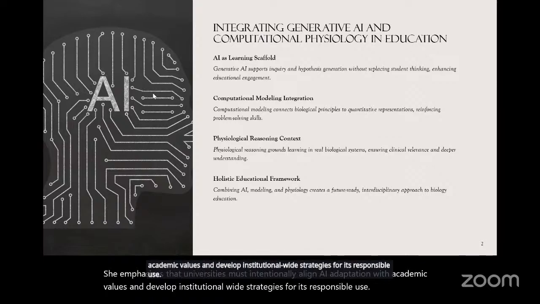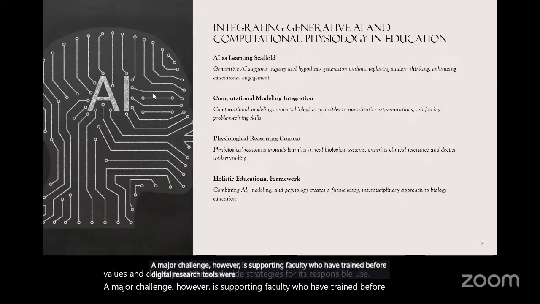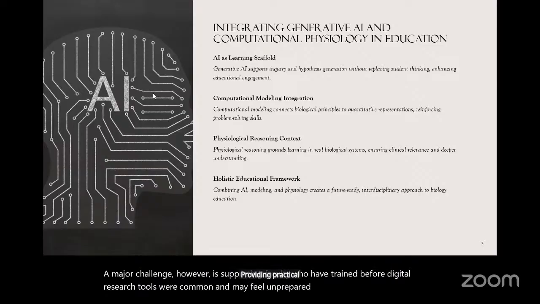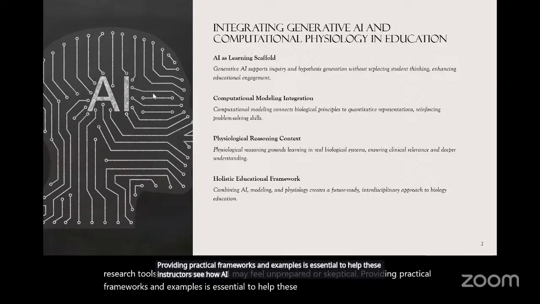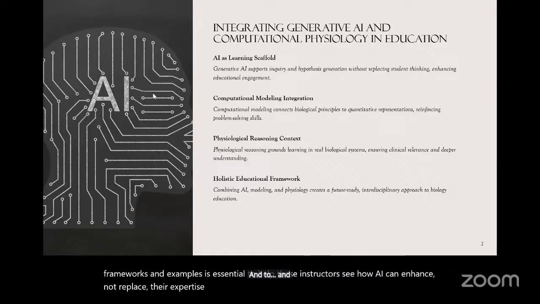A major challenge, however, is supporting faculty who have trained before digital research tools were common and may feel unprepared or skeptical. Providing practical frameworks and examples is essential to help these instructors see how AI can enhance, not replace, their expertise, and to ensure equitable access to AI-enabled learning environments.